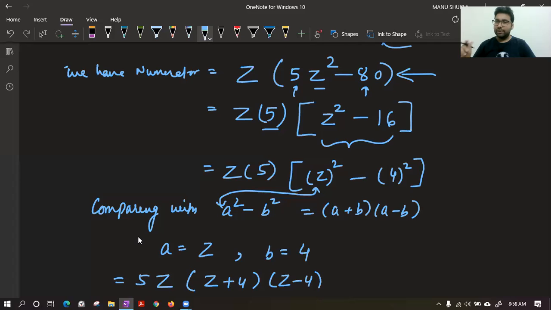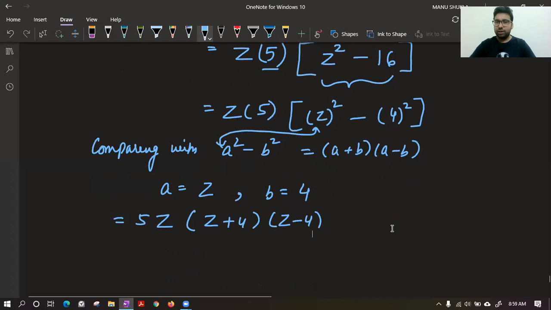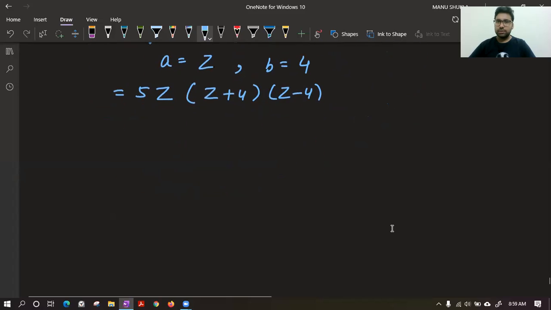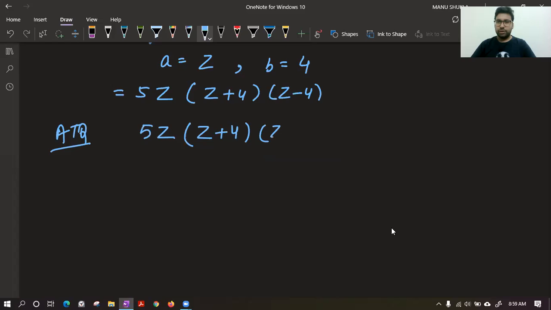And I think it is completely simplified. It cannot be further simplified. Is this completely simplified now? Yes. So now, according to the question, we have to find 5z, z plus 4, z minus 4 divided by 5z, z plus 4.